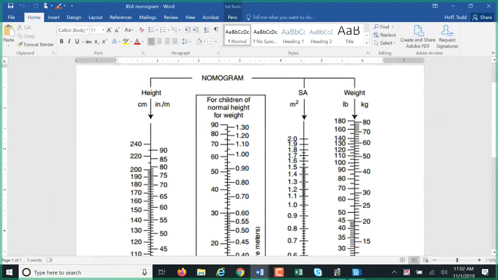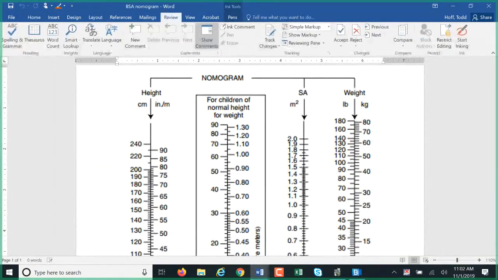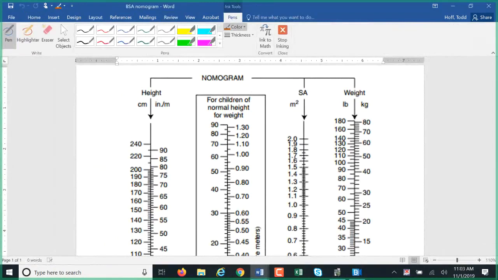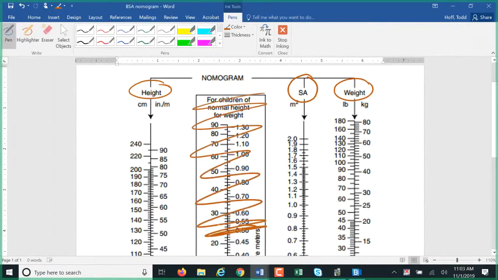Now this nomogram here, because of the way it had to be spaced, notice we have height here and weight here. And body surface area is right there. Those columns make up the whole nomogram. This here is really not part of the nomogram.